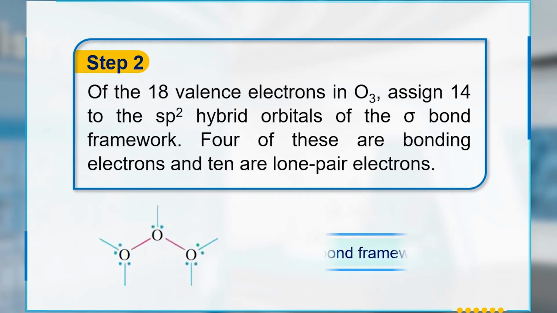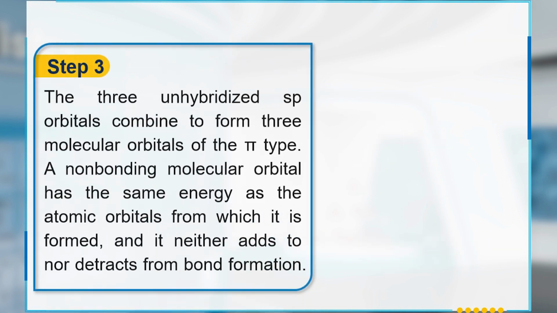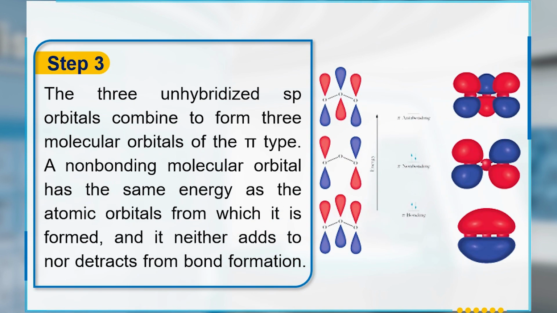Step 2. Of the 18 valence electrons in ozone, assign 14 to the sp2 hybrid orbitals of the sigma bond framework. 4 of these are bonding electrons, and 10 of them are lone pair electrons. Step 3. The 3 unhybridized p orbitals combine to form 3 molecular orbitals of the pi type.